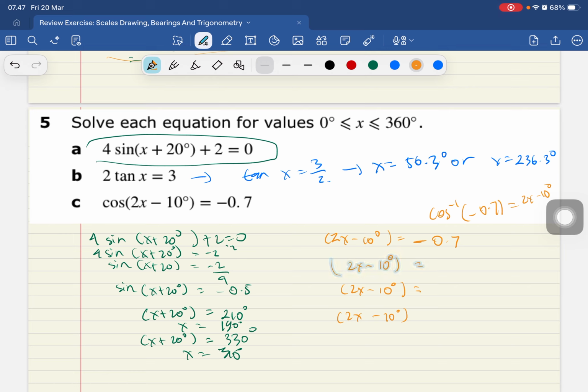So we'll got 134.4. Then 134.4 we plus by 10, after plus by 10 we divided by 2. Okay, so this is 72.2.